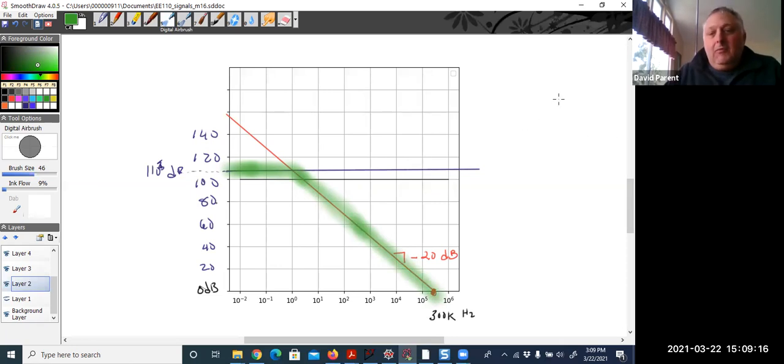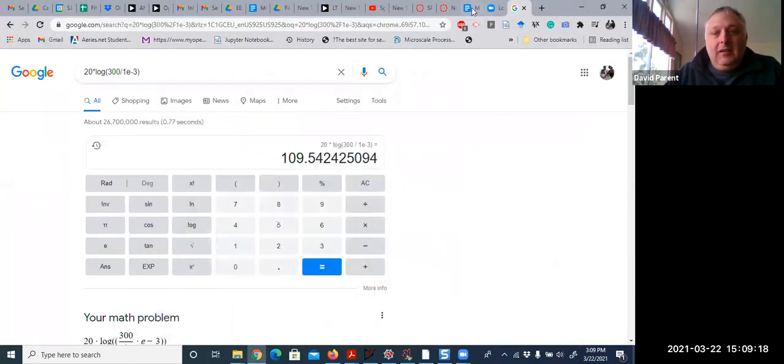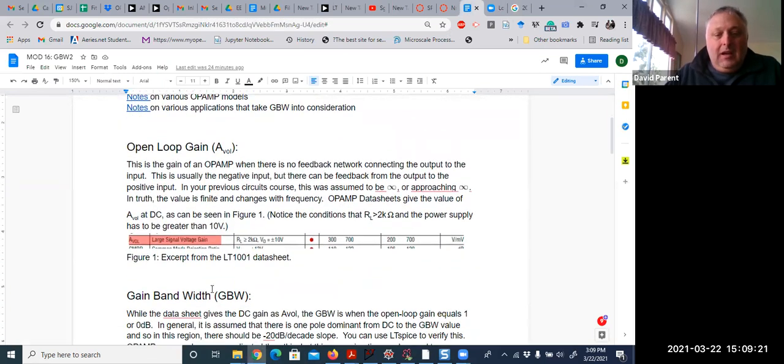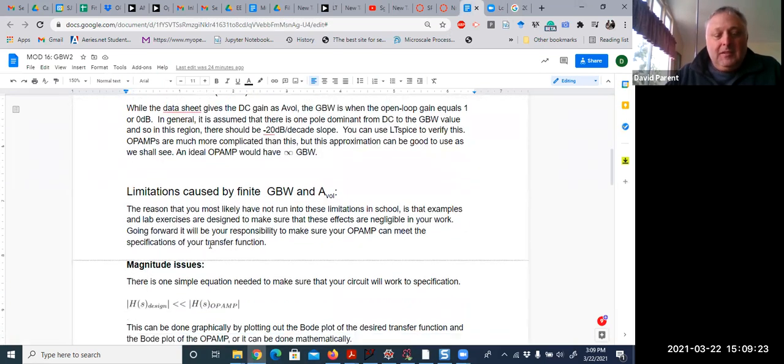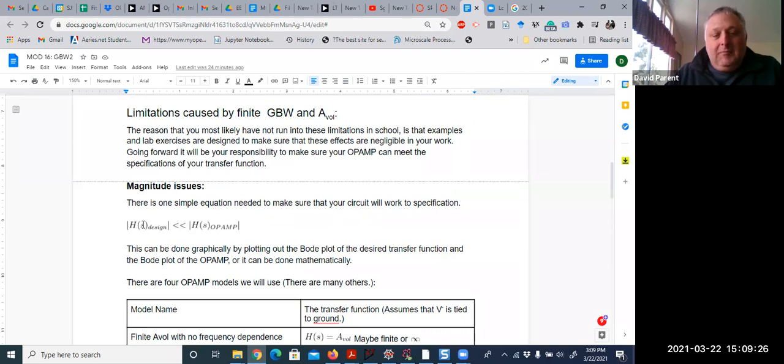And once we have that, there's just a simple equation, is that the magnitude of whatever your design is, high pass, low pass, band pass, notch pass, just not inverting, inverting gain, whatever that is, right, has to be less than the magnitude of whatever the op amp is. And it has to be like 100 times less, right, to really make sure that it's acting ideally.